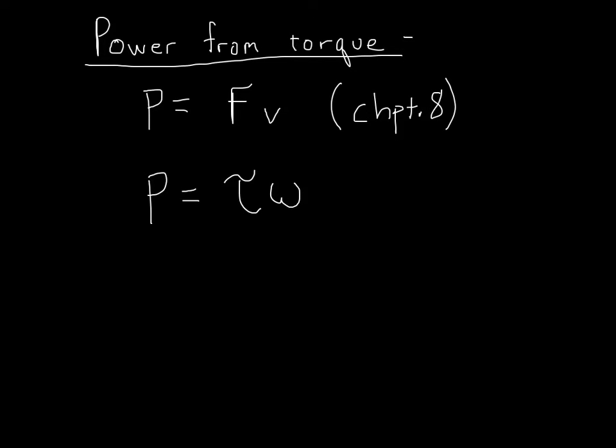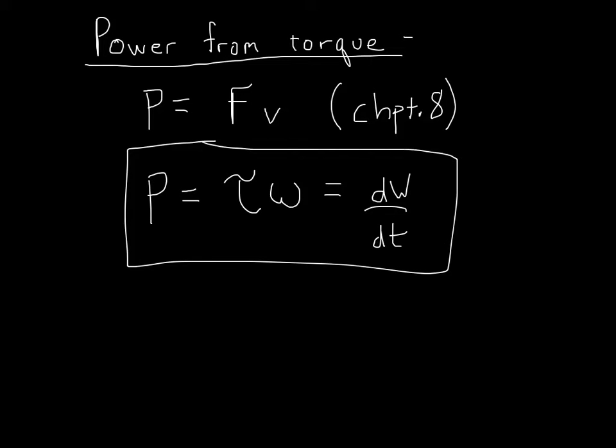It's going to be omega. This is also equal to the change in work over the change in time. So these are all equivalent variables, all equivalent ways to think about power delivered from a rotational force.